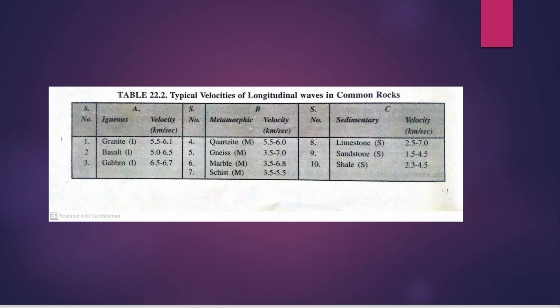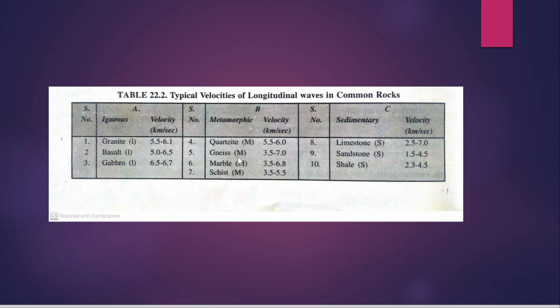Basically we have igneous rocks, metamorphic rocks and sedimentary rocks. In igneous rocks we have granite, basalt, gabbro, etc. Granite will have a velocity from 5.5 to 6.1 kilometers per second. So if the velocity of a particular wave is in this range, we can conclude that the medium is granite. Similarly, the velocity of P waves in different types of rocks is given in this table.